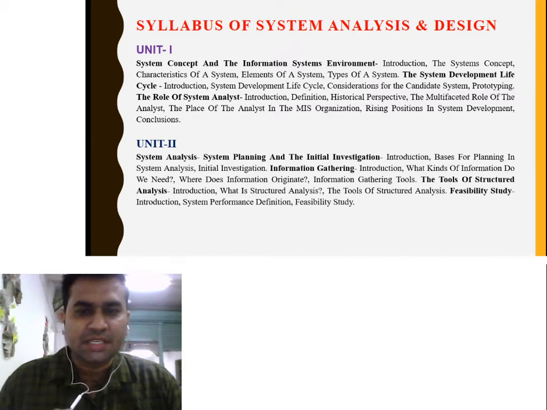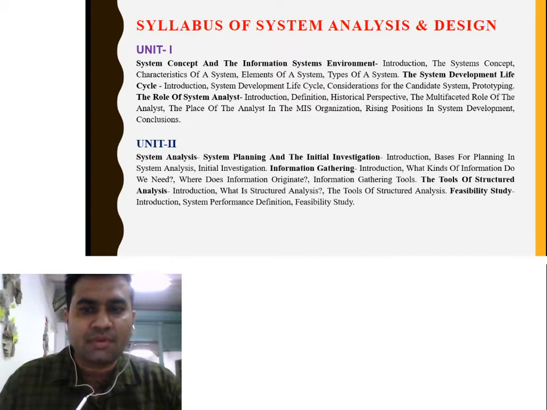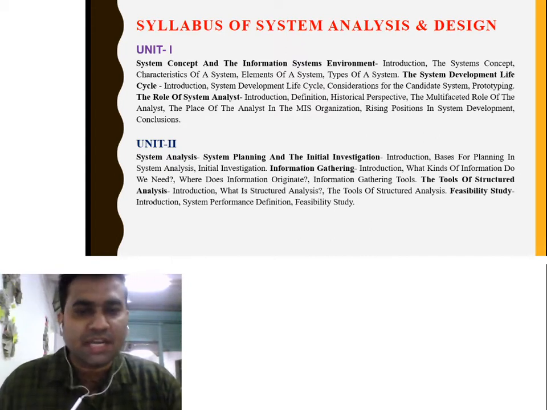Feasibility study is the most important part of the system development life cycle. Three types of feasibility are done: technical feasibility, operational feasibility, and economic feasibility.